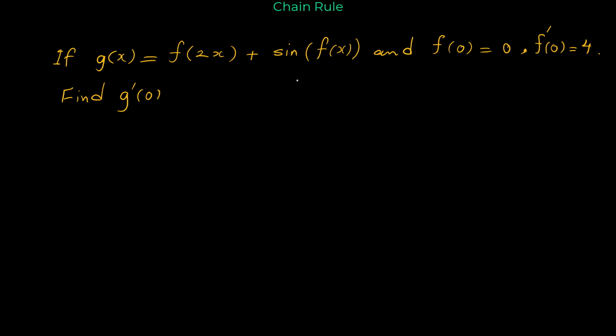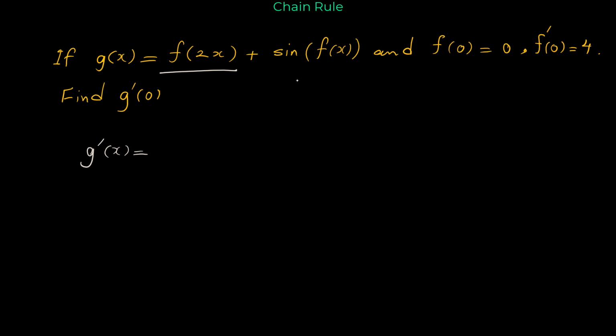Now look at this question. If g of x equals f of 2x plus sine of f of x and f of 0 is 0, f prime of 0 is 4, find g prime of 0. For finding g prime of x, we need to use the chain rule.